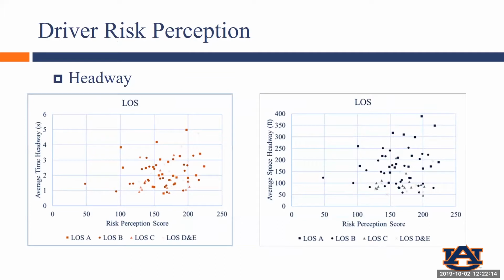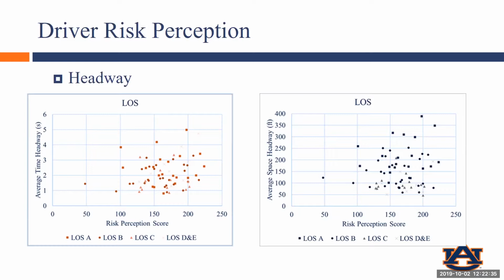So then we look at the average headway, to see if there is a relationship between the average headway and the risk perception score. We see the trend that when the risk perception score increases, average time headway starts to increase.